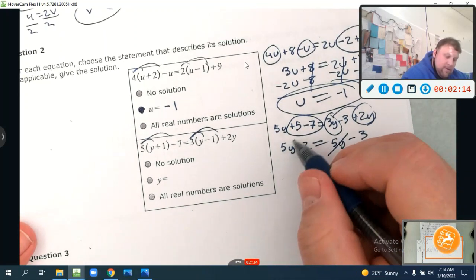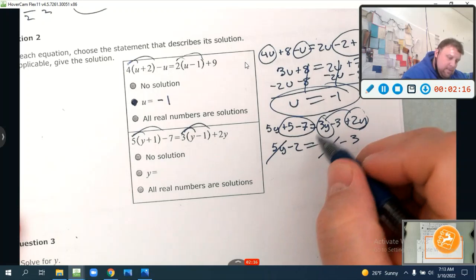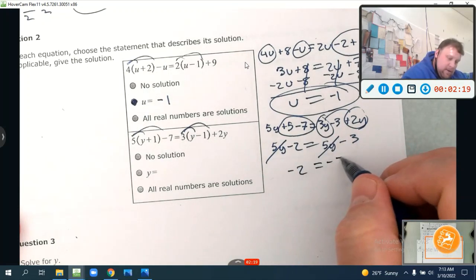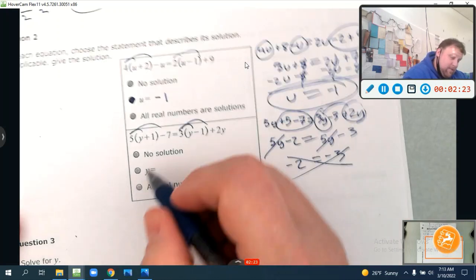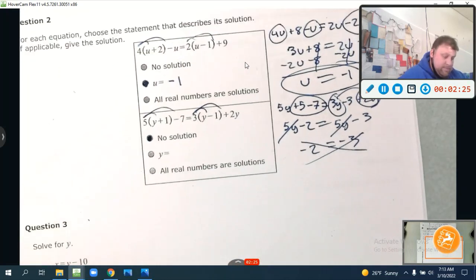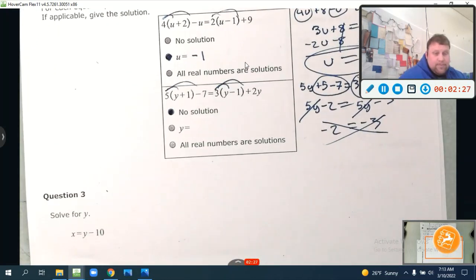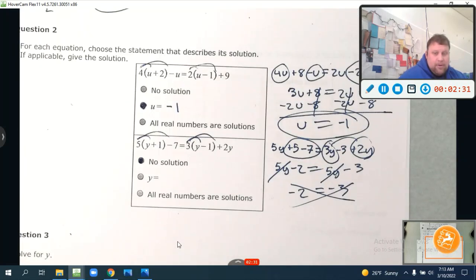We can end up crossing out 5y's because they'll subtract out, and I'm left with negative 2 equals negative 3. Is that a true statement? No, it's not. Therefore, this is no solution. Okay. There we go. Good stuff.